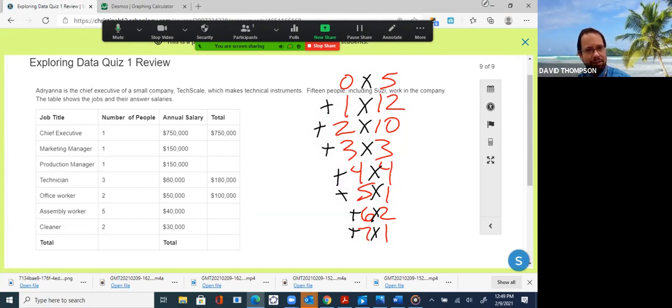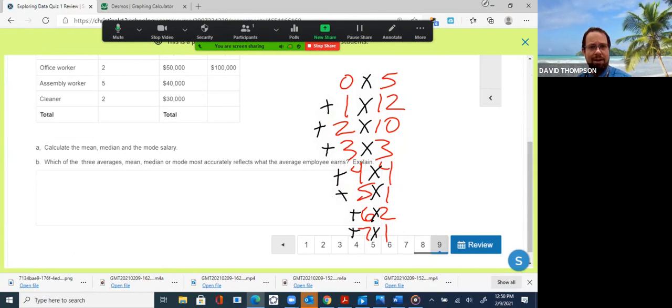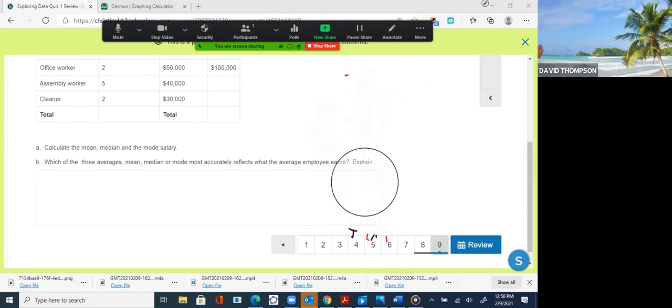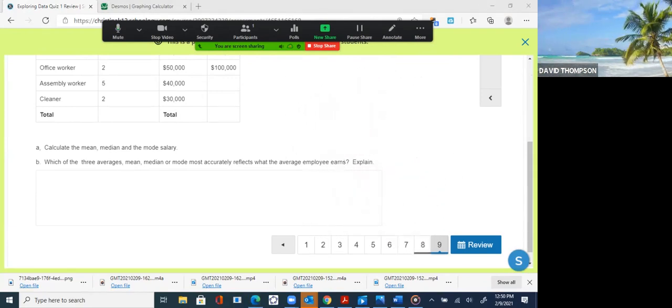You have 3 technicians that make $60,000. You have the office workers, 2 of them that make $50,000 each. The assembly workers, 5 of them that make $40,000 each, and the cleaner, there's 2 of those that make $30,000 each. So we want to find the mean, median, and mode, and determine if I was trying to advertise this job, what would be the best way to advertise the average salary.